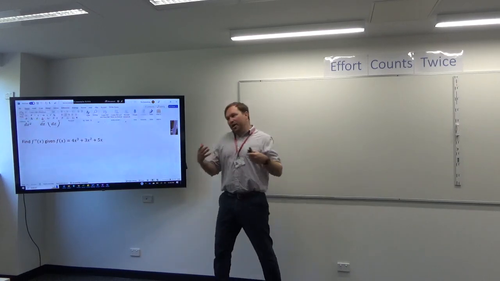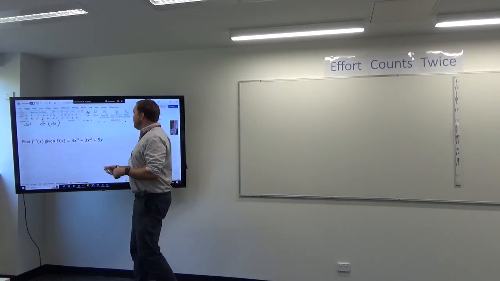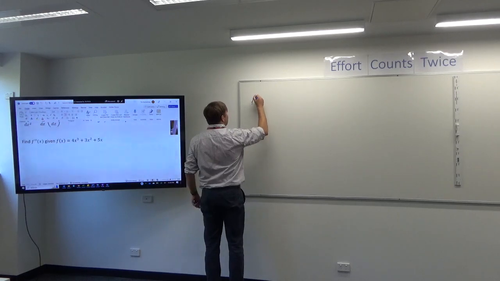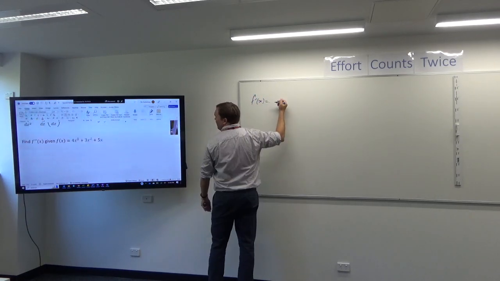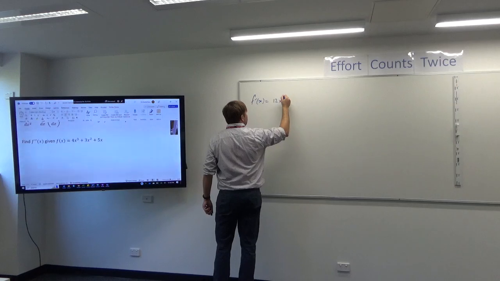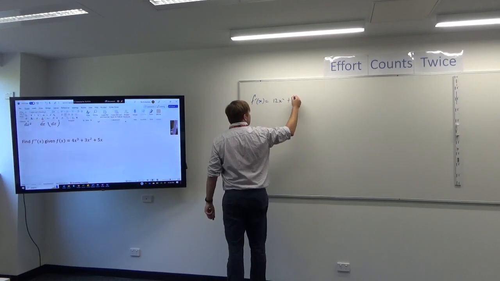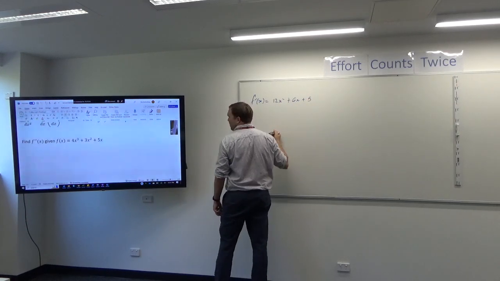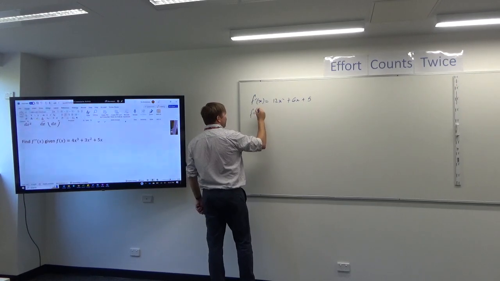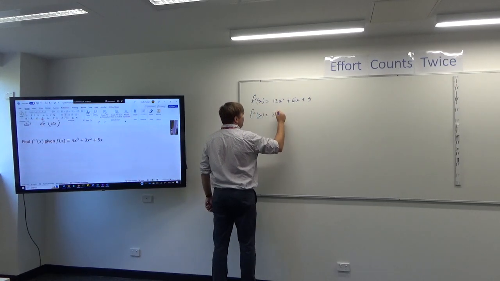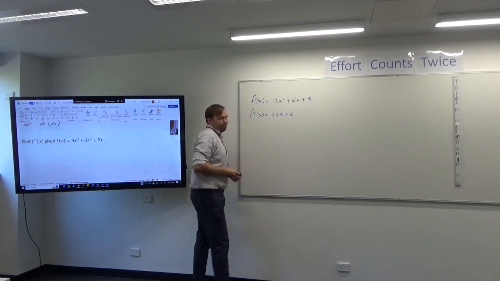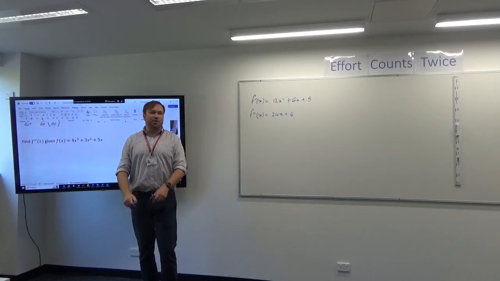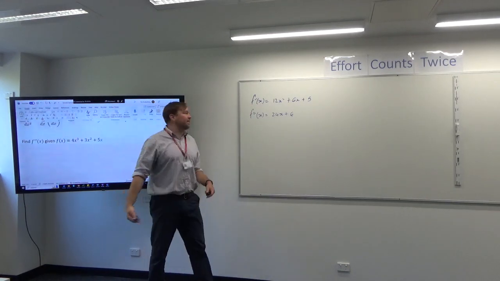And yes, there is a third and a fourth derivative if you want to keep going, but in this case here, I'll just be writing f dash x is 12x squared plus 6x plus 5, and therefore the second derivative is 24x plus 6. So you differentiate it twice to find the second derivative.